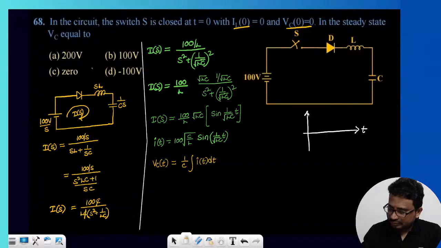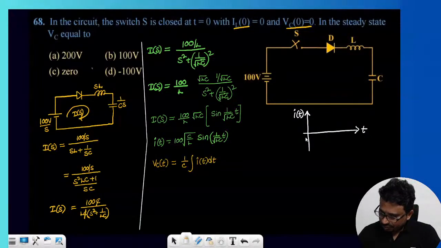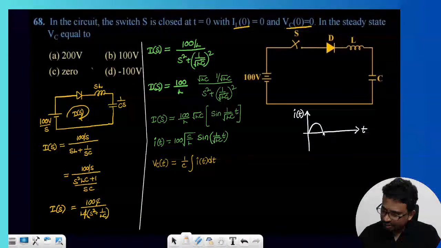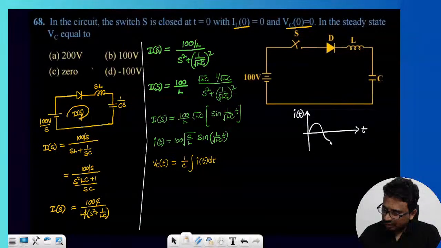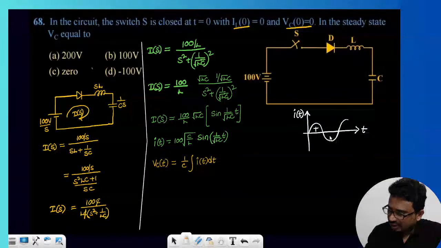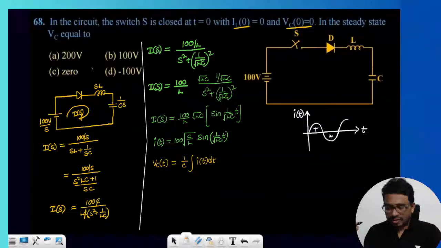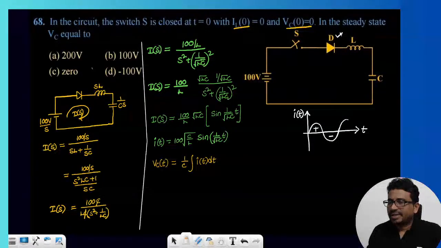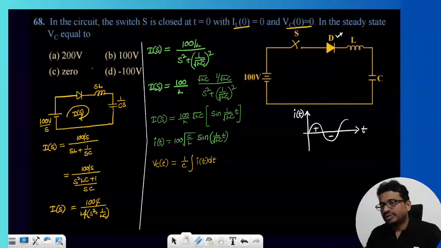So this current should be sinusoidal like this. We have a sinusoidal current passing. Here it is a positive cycle and this is a negative cycle. For the positive cycle, the diode is forward biased, so it will allow the flow of current.